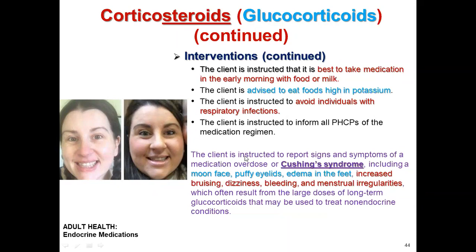The client is instructed to report signs and symptoms of medication overdose, or if they develop Cushing syndrome. Cushing syndrome includes moon face, puffy eyelids, edema on the feet, easy bruising, dizziness, bleeding, or menstrual irregularities, right?